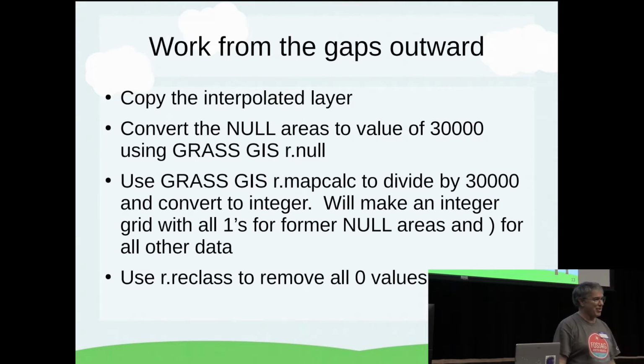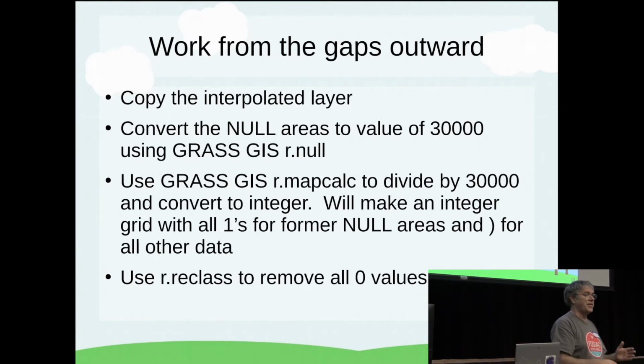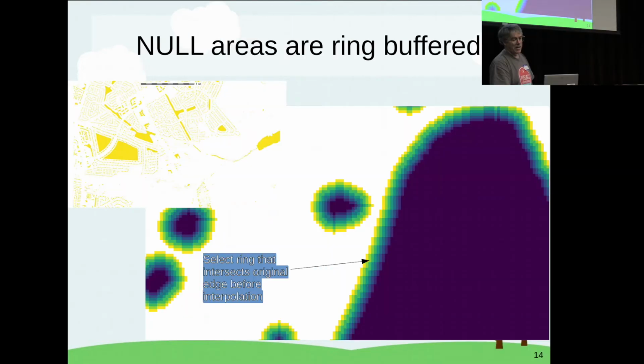So whether you use meters or feet, 30,000 is going to be higher than any actual real data you've got. And then you divide your elevation by 30,000, convert it to an integer. So anything less than 30,000 is going to be 0, and 30,000 is 1. So you have a raster of 1 representing all those gaps. Then you just get rid of the zeros, so you just have 1 and no data.